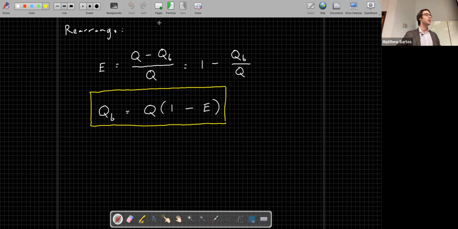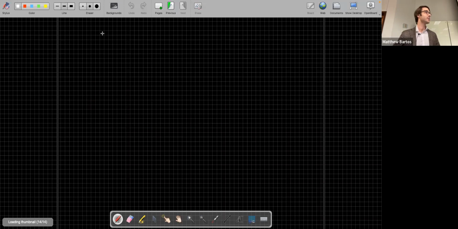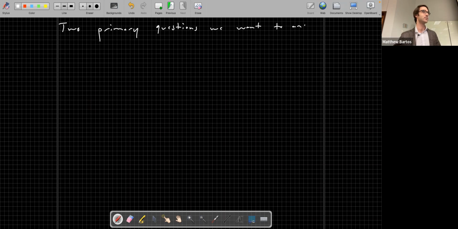In curb inlet design, there are two primary questions we want to answer. First, how long should the inlet be to capture 100% of the gutter flow?